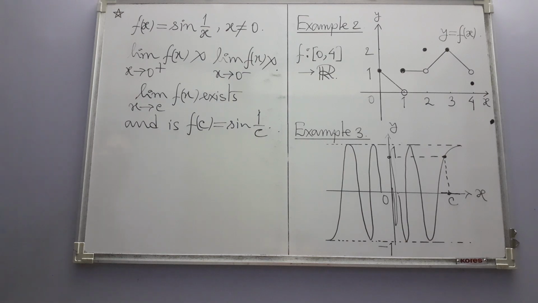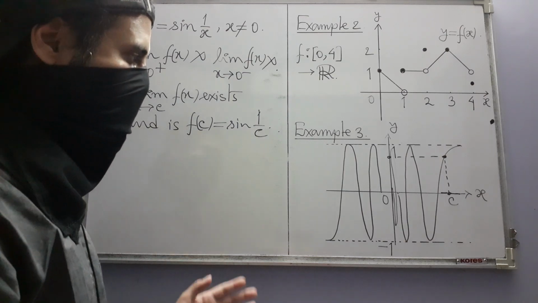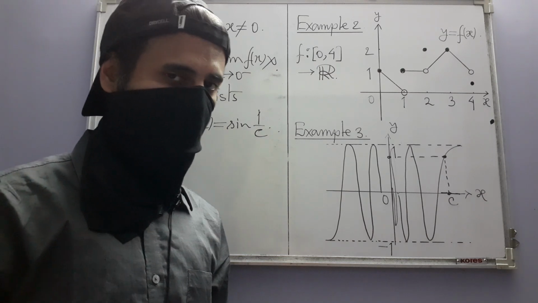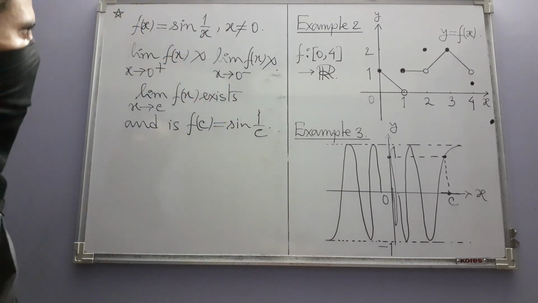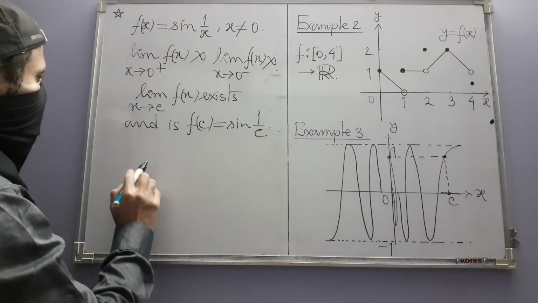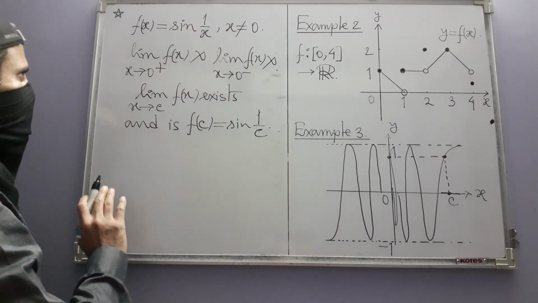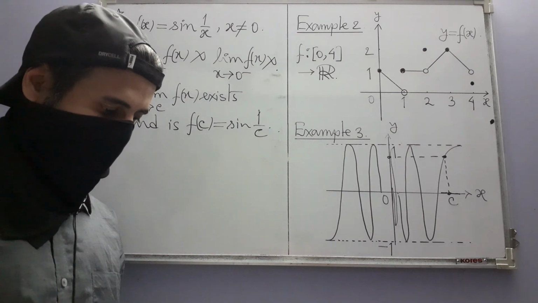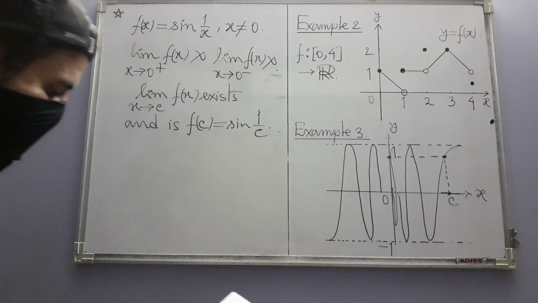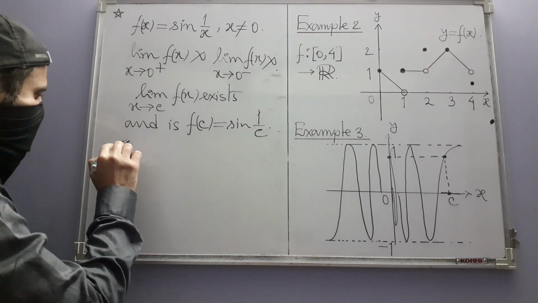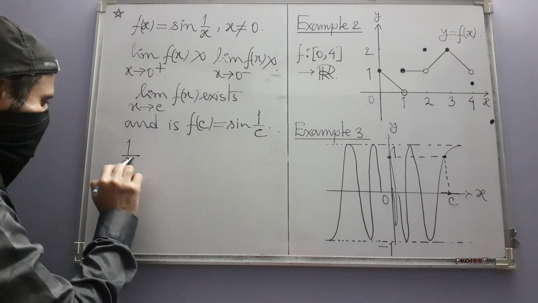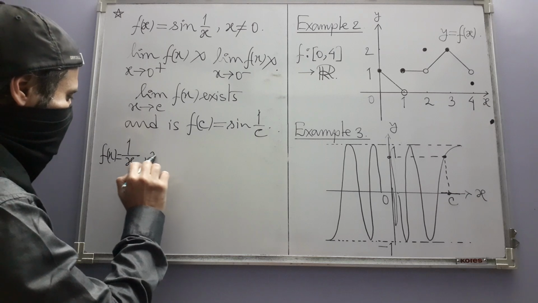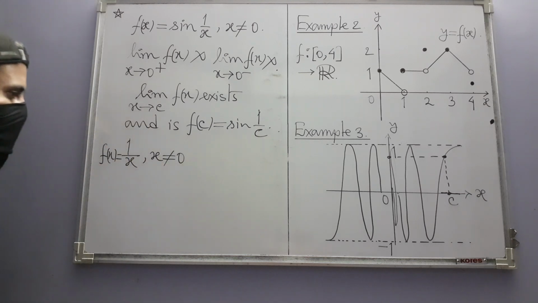And this non-existent behavior of one-sided limits is exhibited by unbounded functions also. In fact, if one reduces the complexity, so this is example 3, if one considers instead simply f of x equal to 1 over x, so x is not equal to 0.